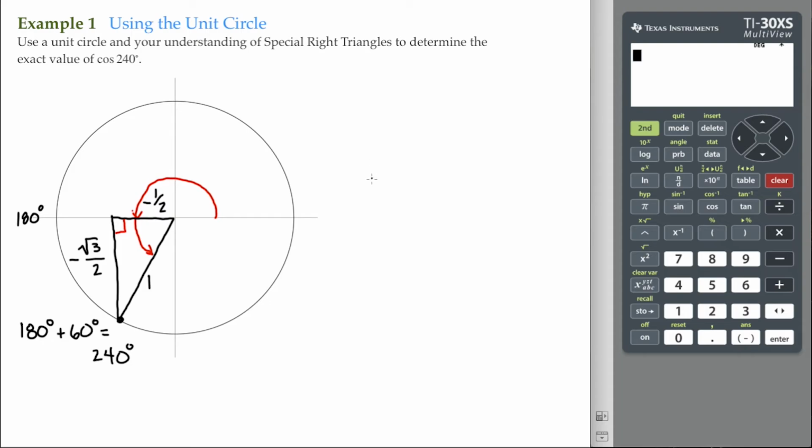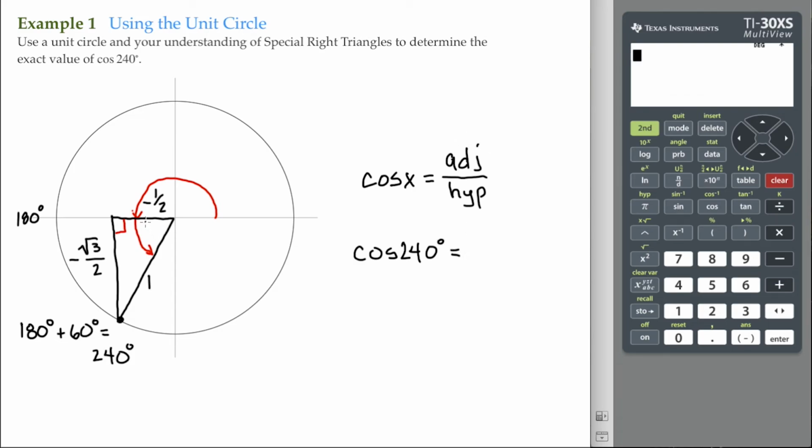So if I use the cosine of some value, we'll just label it as x, the cosine is the adjacent side, and I'm just going to abbreviate that ADJ, over the hypotenuse. That's what cosine is. I know that this measure here is our 60 degrees. But what is it for 240 degrees? So our cosine of 240 degrees is the adjacent side.